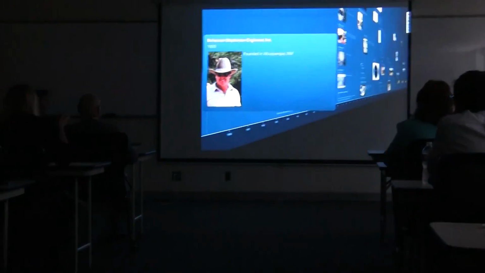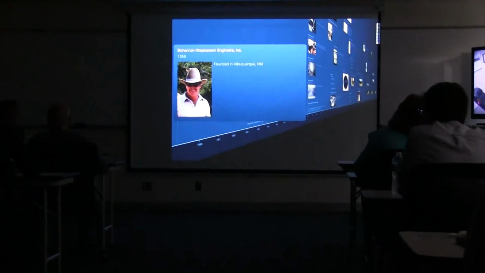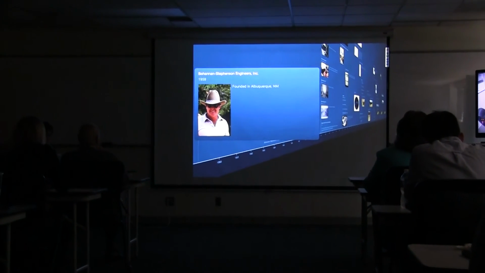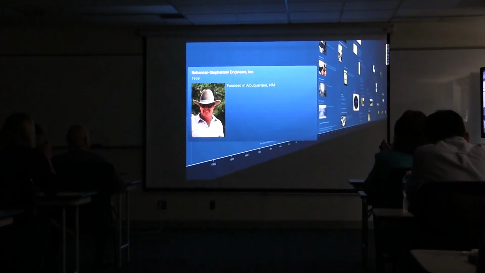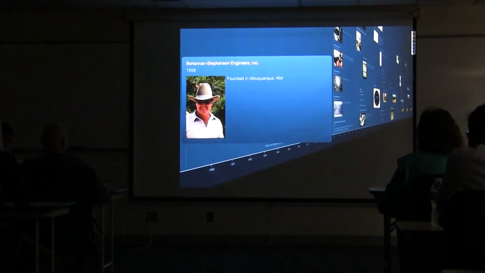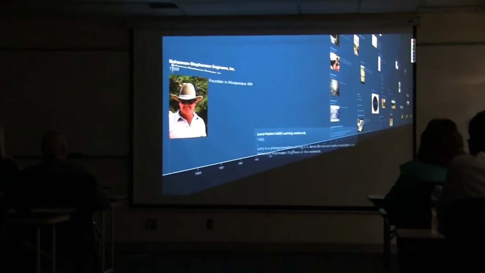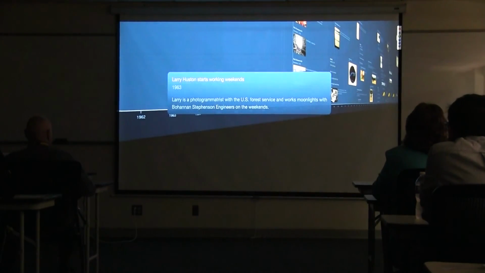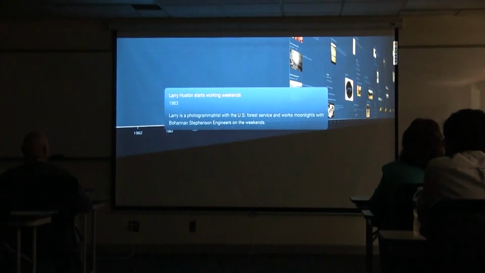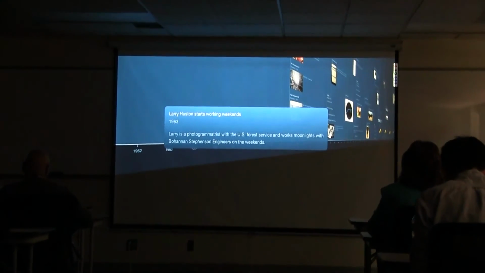Okay. I'm not going to read this to you. You guys will be able to see this, but this is really the beginning. Jerry Bohannan in 1959 formed the company Bohannan Stevenson Engineers, founded here in Albuquerque. Mr. Huston came along in 1963, actually moonlighting as he worked over at the Forest Service.